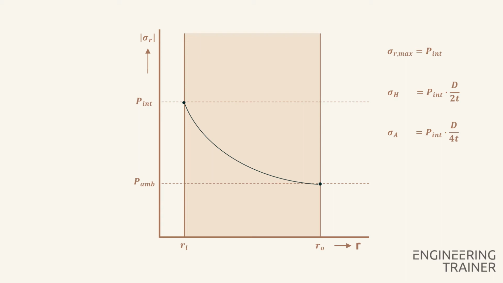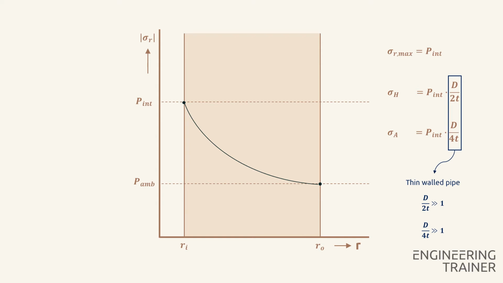We find that we basically apply a factor of D over 2T and D over 4T with respect to the maximum radial stress. We also need to realize that for thin-walled piping, these factors, D over 2T and D over 4T, are typically much larger than 1.